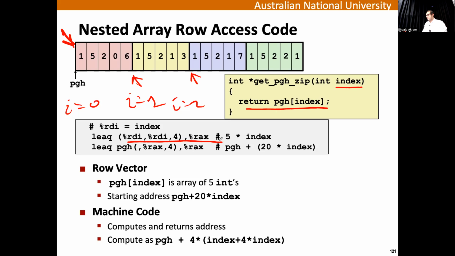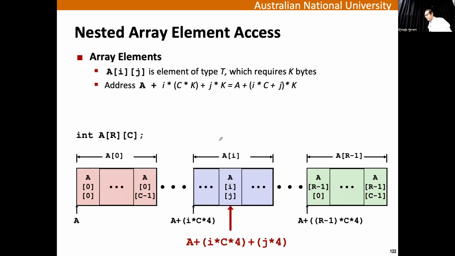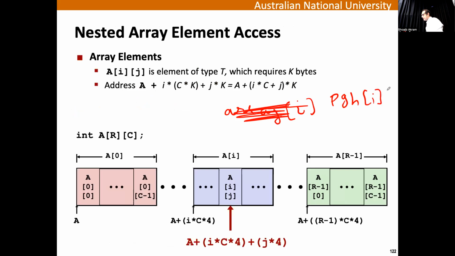What if I want to generate the address of a value at a specific row and column? Sorry, PGH I J. So I will need to do all of that, plus I will have a second index, the column index. And I will need to add the column index scaled by 4 to reach the specific point inside the specific row. Okay.